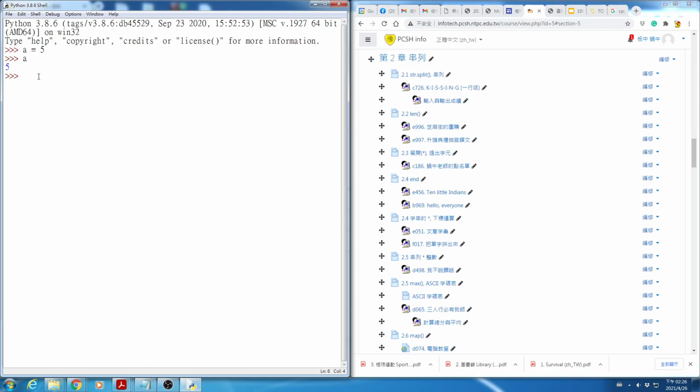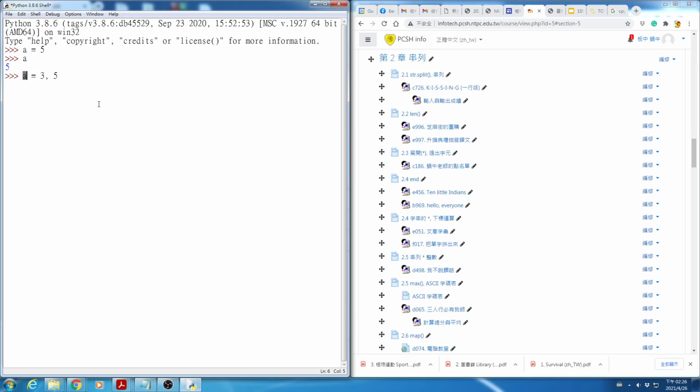However, I'm showing you a very weird way of assigning values to variables. Look at this. Hold on to this. Can I do this? Can I assign two values to one single variable?